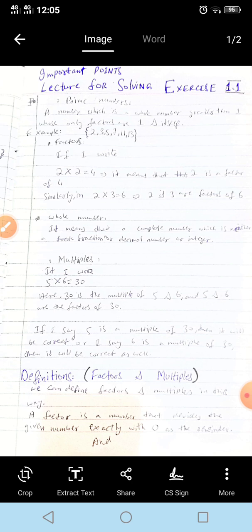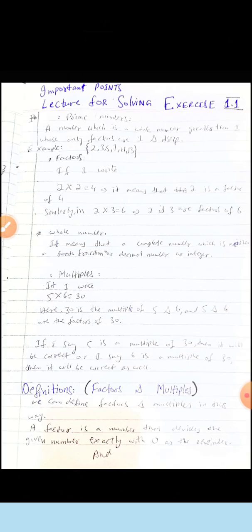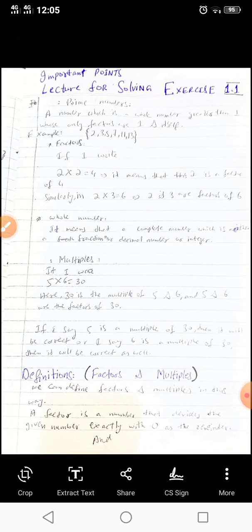The third definition we have, okay, in multiples definition, what are multiples? I want to tell you about the multiples definition.